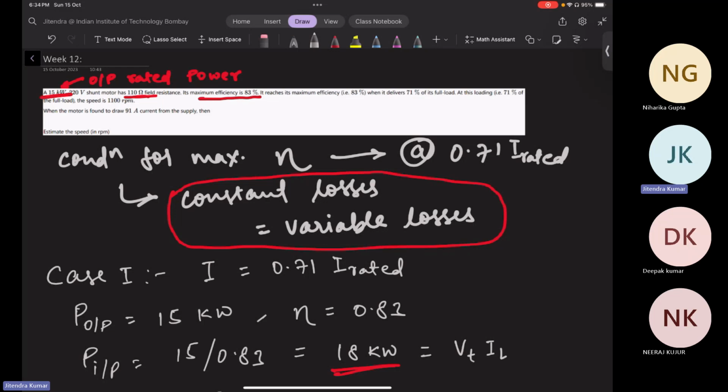But in a series machine and compound machine, you have to read the problem carefully to see in which case your field is varying. In certain cases they may connect a rheostat and vary the field. So in that case you need to give attention to the problem. Okay, sir. Okay then, let's move ahead with the next problem.